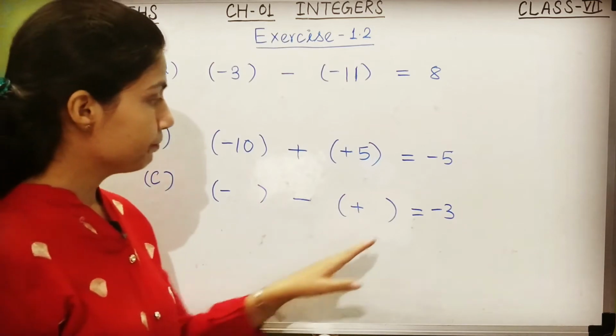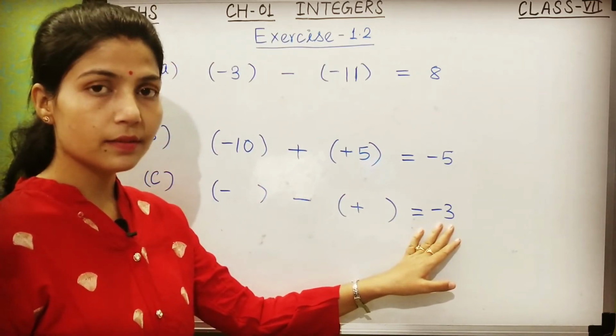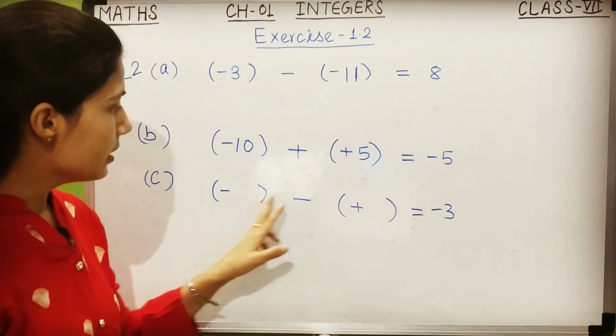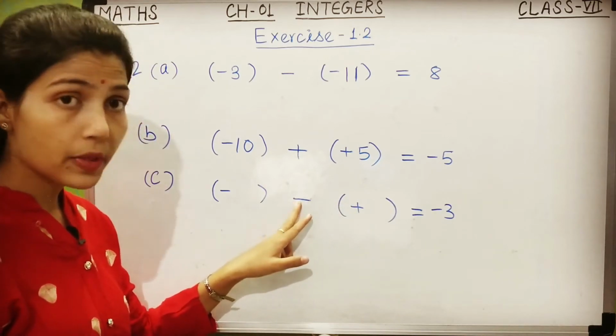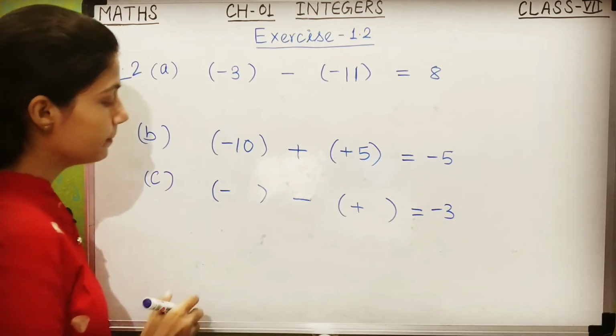Now see here, there is negative sign before the answer means negative integer, and one is negative another is positive and between them is subtraction sign. So we have to take accordingly.